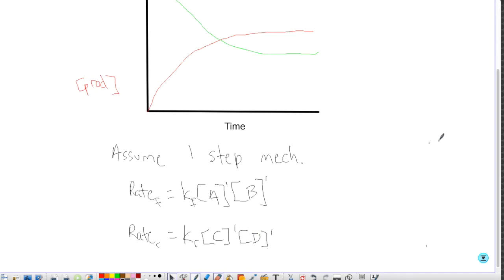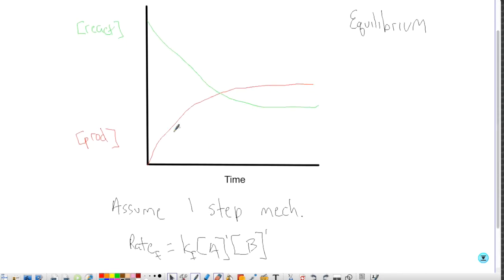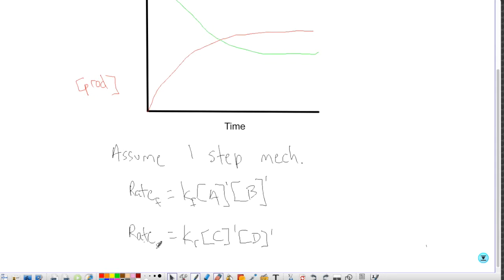Okay, so let's talk about what happens to the rates of the reactions as the reaction progresses. Initially, there is no concentration of products, which means that the initial rate of the reverse reaction has to be 0, because the concentrations of C and D are 0.